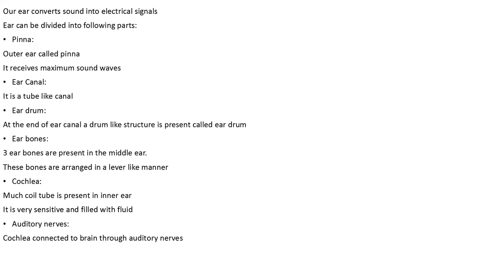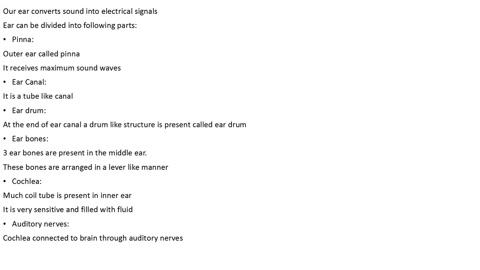It is a very sensitive structure. This coiled tube-like structure is filled with fluid and hair-like structures. When sound waves strike the eardrum, they send a vibration through the three bones to the cochlea.